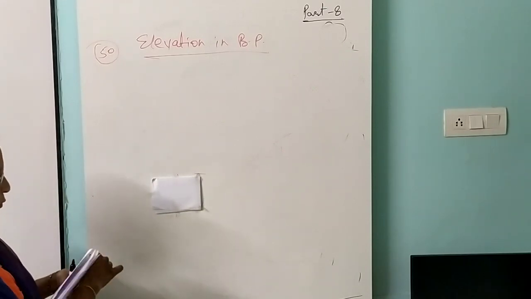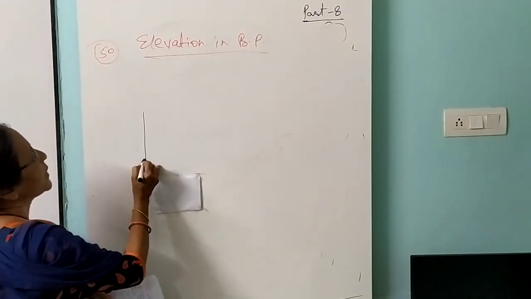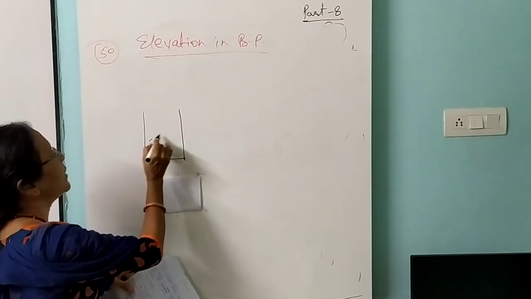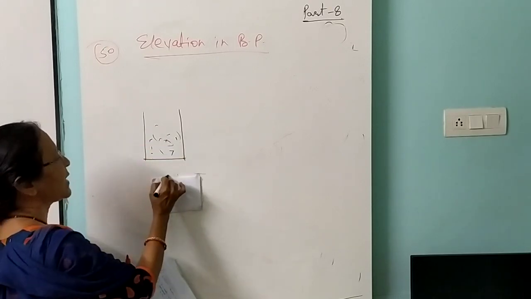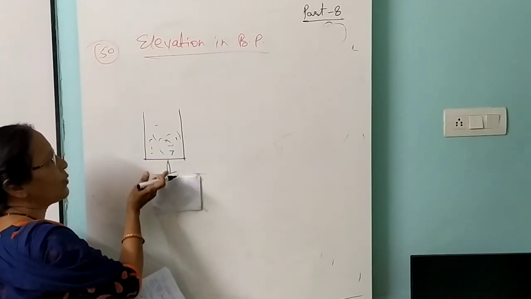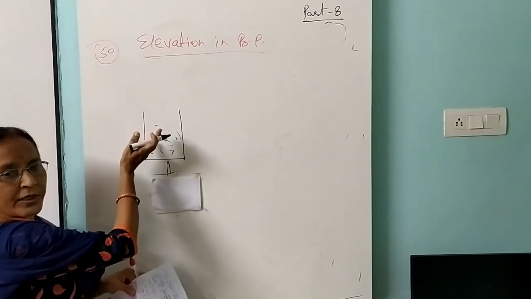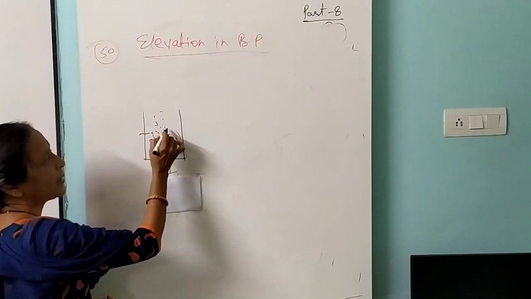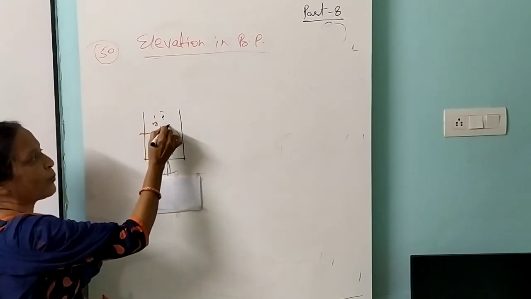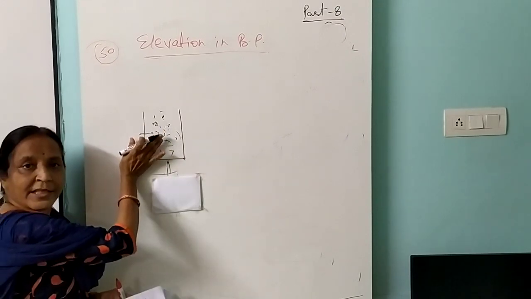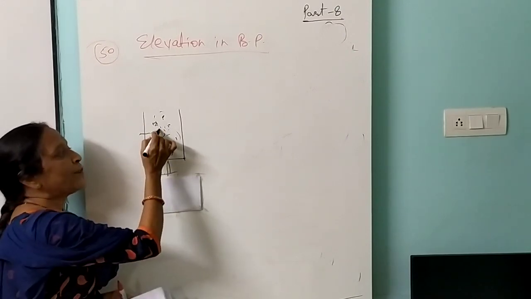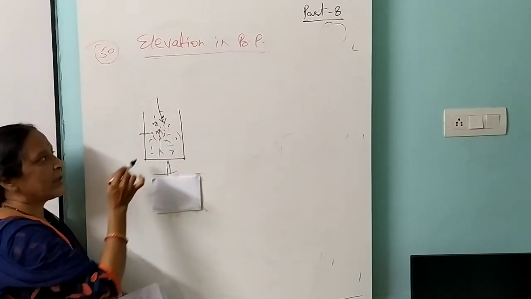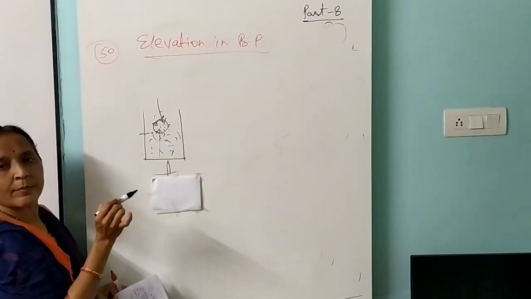Suppose in an open container, an open system, we start boiling water. When the temperature increases, a state is obtained where the water starts boiling. When the vapor pressure of this liquid is equal to the atmospheric pressure, that point is known as the boiling point.